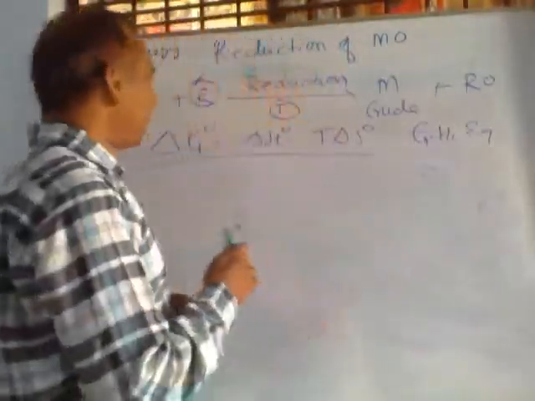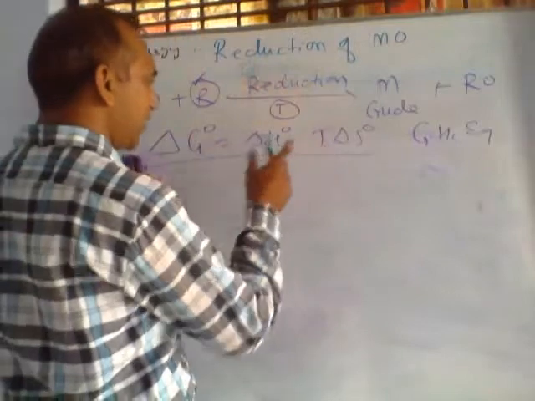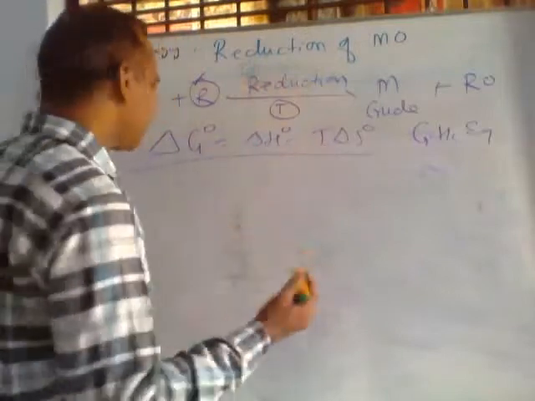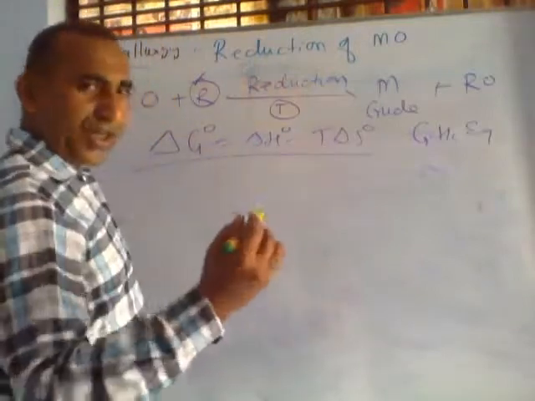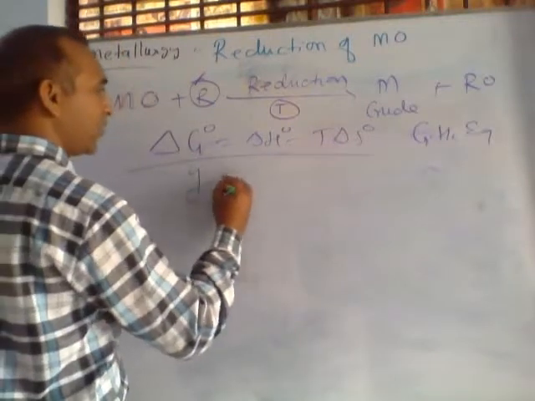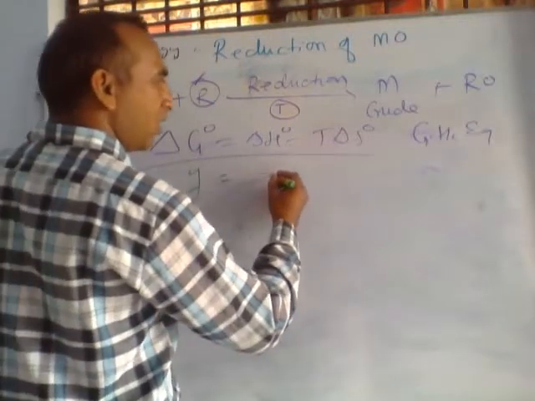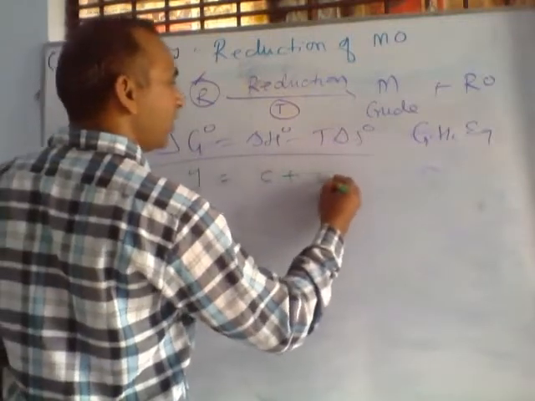If we compare this equation with the straight line equation, what is the straight line equation? y is equal to c plus mx.